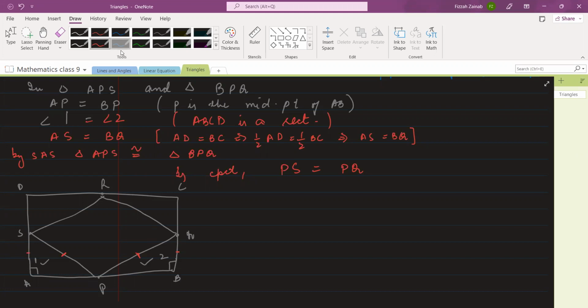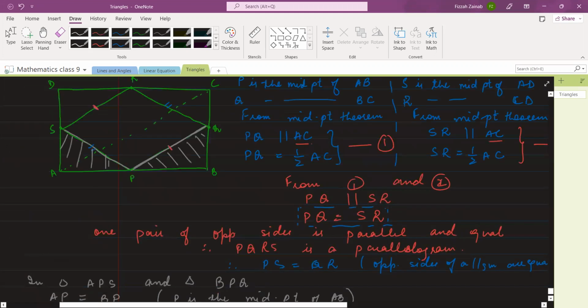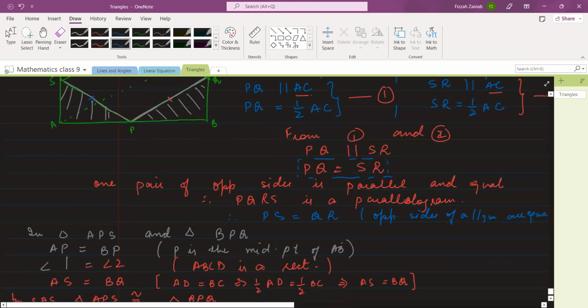You can give it some name. Actually, these are important results, so give them some name here. We are going to use this marked 3 and also this marked 4, right?